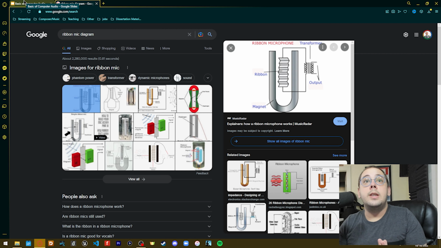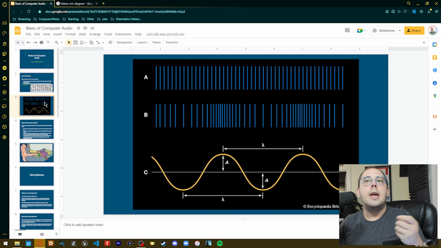The goal is to create an electrical analog, an electrical facsimile, I guess, of the sound pressure, where instead of this sound wave representing physical air pressure, it's now representing analogous amounts of electricity, so high and low voltages. That's going to be the same for every microphone.